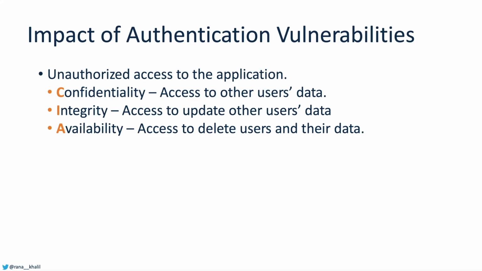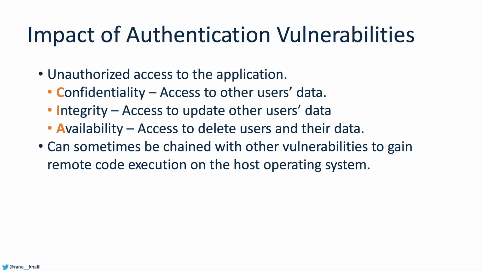So, by definition, confidentiality, integrity, and availability are all affected because if you can compromise a user's account, then you have access to view, update, and delete their data. In fact, once you find an authentication bypass vulnerability, the next goal is to chain it with another vulnerability in the application to give you remote code execution on the underlying server.